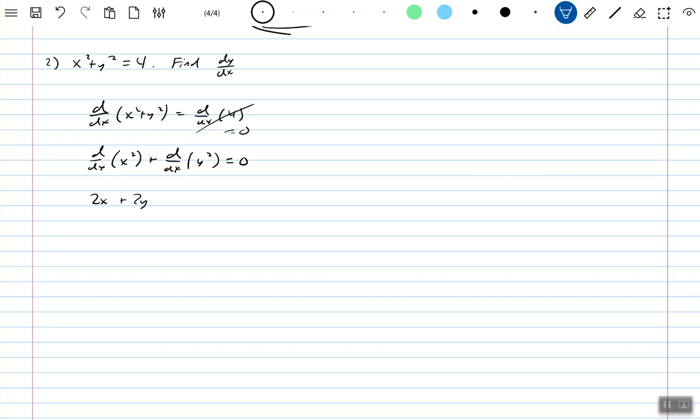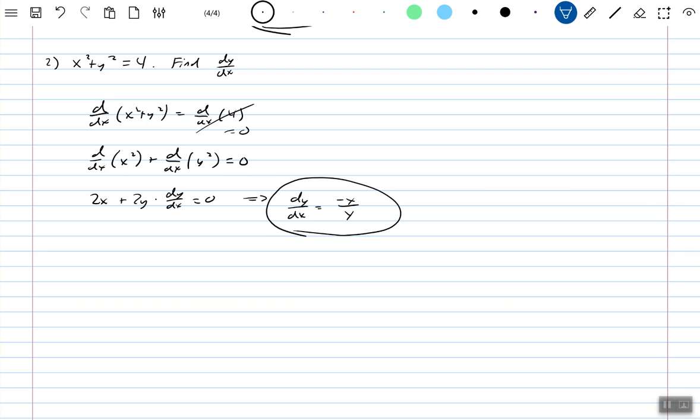So that's just equal to 2y. Just pull down the exponent, subtract 1. We just get 2y. But then we have to tack on a d dx of y. But what is d dx of y? That's just dy dx. That's equal to 0. And then that tells us that dy over dx is equal to negative x over y.